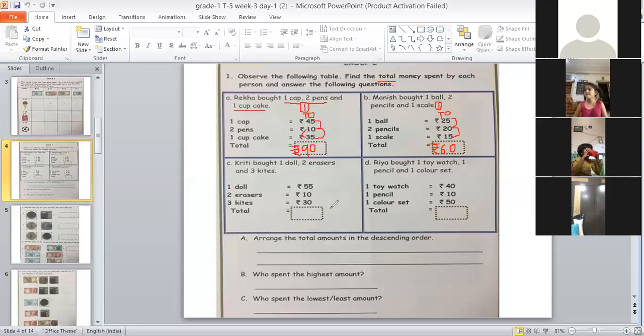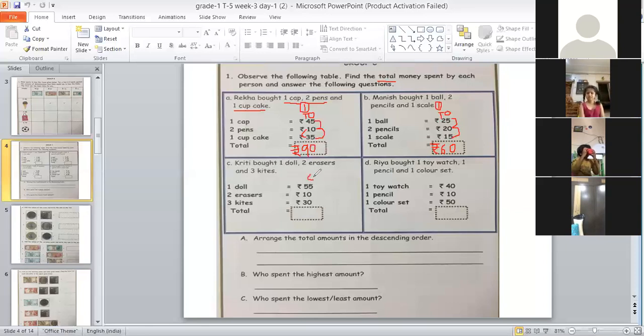Now tell me what are the costs. 3 costs are there. Bhavashrit, 1 doll is equal to how many rupees? 35 rupees. 2 erasers equal to 10 rupees. And 3 kites equal to 30 rupees. Okay, fine. So we have 1 doll for rupees 35, 2 erasers for rupees 10 and 3 kites for rupees 30.